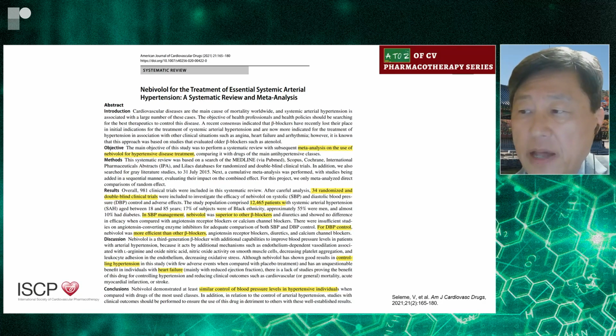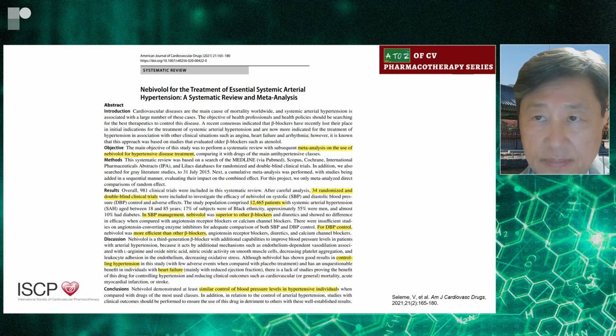For diastolic blood pressure control, nebivolol was more efficient than other beta blockers, ARB, diuretics, and CCB. The conclusion of this meta-analysis was that nebivolol demonstrates at least similar control of blood pressure levels in hypertensive individuals when compared with the other blood pressure lowering classes.